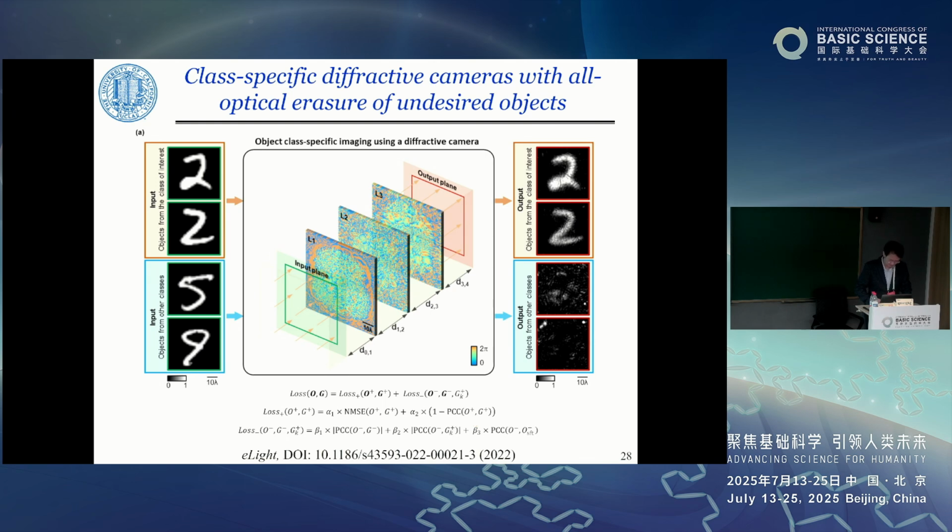So here are some results demonstrating that the number of diffusers used in the training affects the reconstruction performance. Reconstruction quality is evaluated using the Pearson correlation coefficient (PCC), as shown on the right.